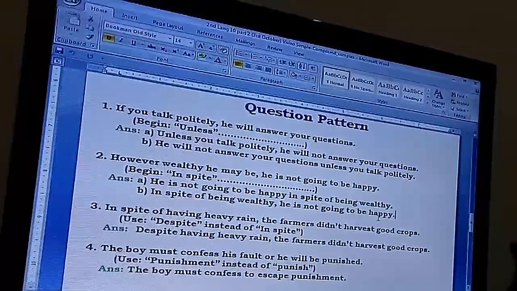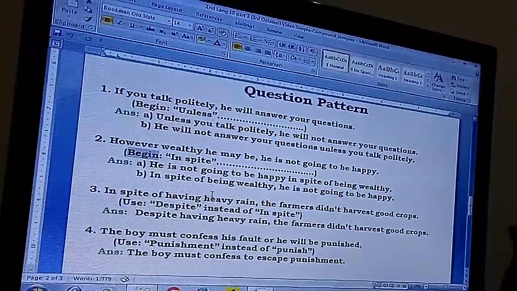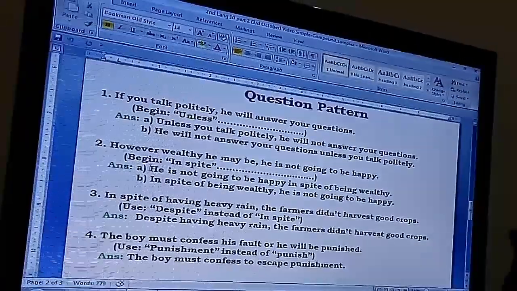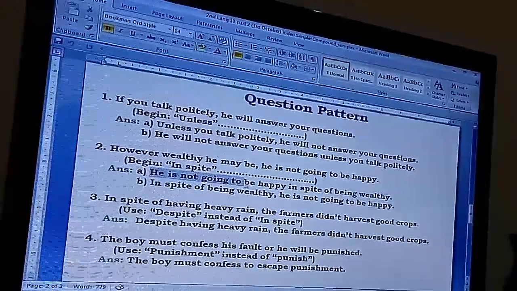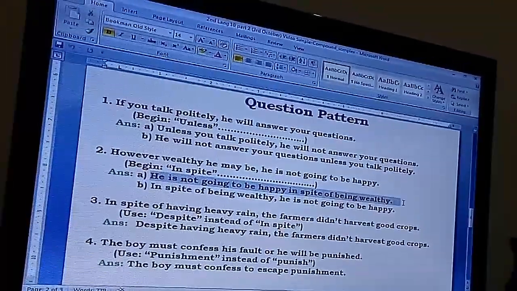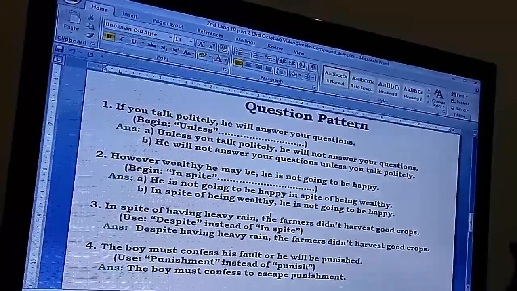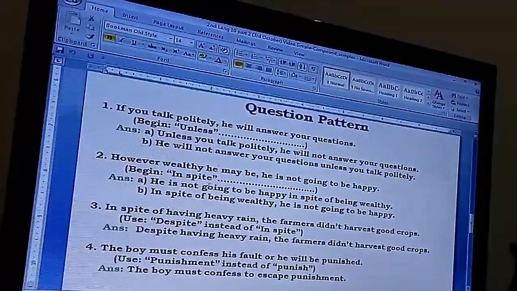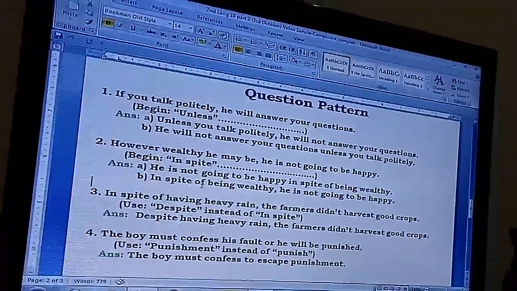Again I remind you children, suppose the question is use in spite, then a second answer is possible, which is he is not going to be happy in spite of being wealthy. And the rule of using the comma applies in both places almost in the same manner.